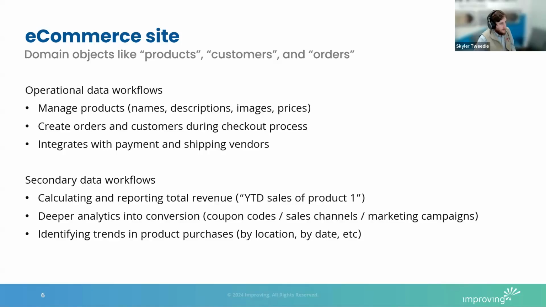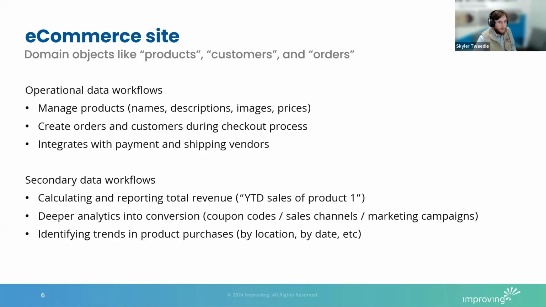Your secondary data workflows will inform the business decisions that get made about, let's say, we need to ramp up marketing of a specific product or at a specific time of year. Calculating and reporting total revenue, for instance, how many units of a specific SKU have I sold so far. You can drive deeper analytics into conversion.